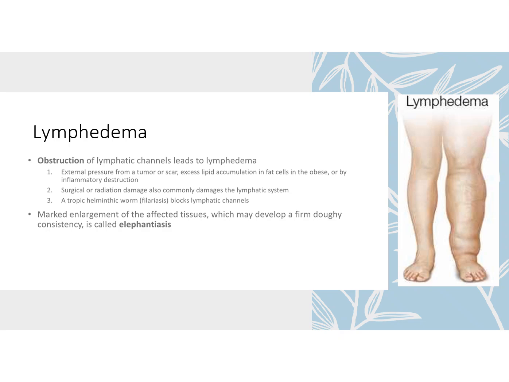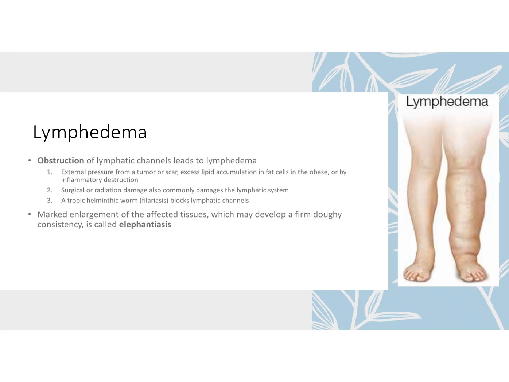There are several major causes of lymphatic obstruction. First, external pressure or destruction of lymphatic channels. This can happen due to tumors compressing lymphatic vessels, scarring from prior injury or surgery, or even inflammatory destruction. Excess lipid accumulation in adipose tissue, particularly in obesity, also can contribute.